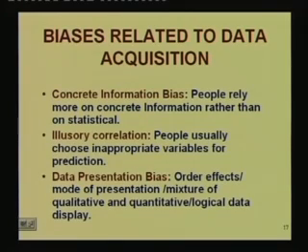Then we have the concrete information bias. People rely more on concrete information rather than on statistical information. So if you really know that this has happened, something that is known very clearly, compared to that, if a probability is assigned to it, suppose you are told that if you take this path you will definitely earn 50 rupees, whereas if you take the other path you will earn 1000 rupees, but the probability is 0.2, 20% probability.